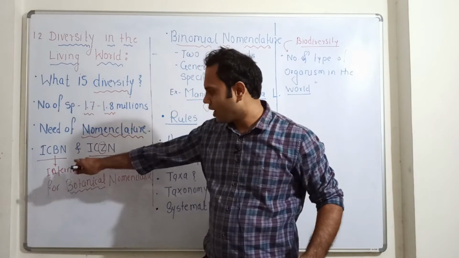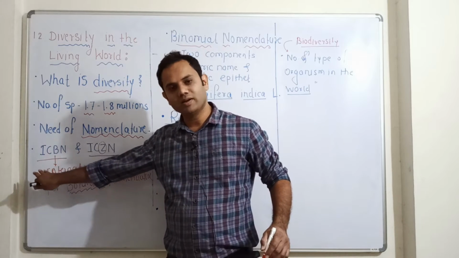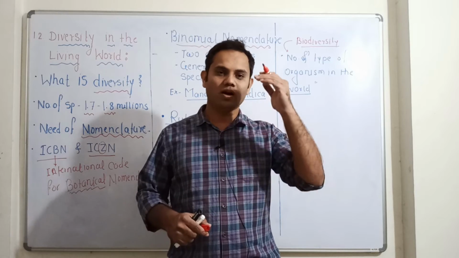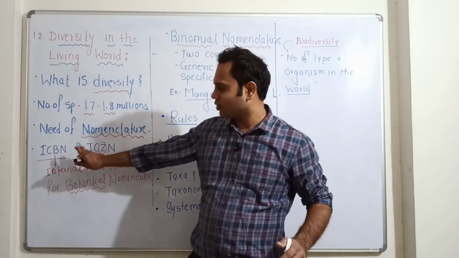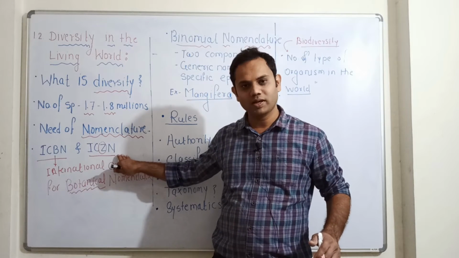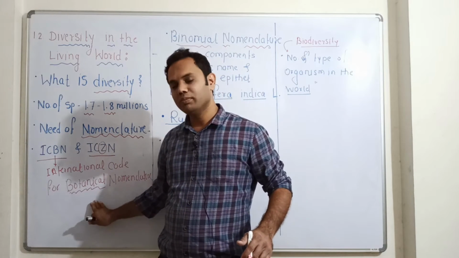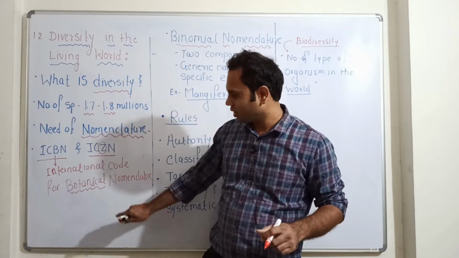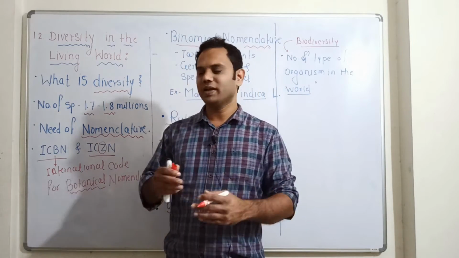But why is it so? The International Code for Botanical Nomenclature lays down the criteria for giving names to plants, whereas the International Code for Zoological Nomenclature gives names to animals. So what are ICBN and ICZN?